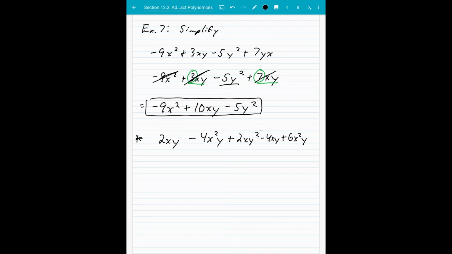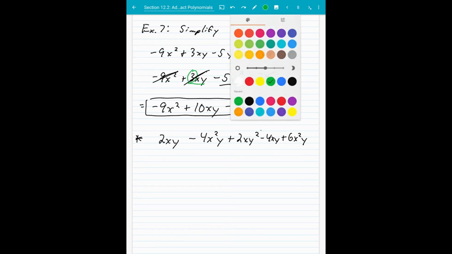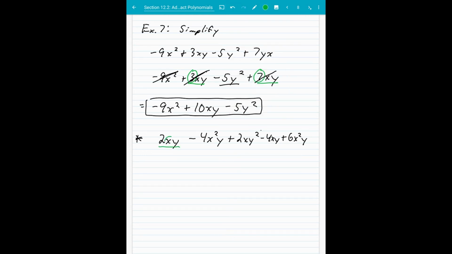I like to work left to right when simplifying things, and then I can organize them later. Let's see if we see any other xy's. All of them have some kind of xy component, but remember, they have to be exactly x to the 1 power, y to the 1 power. So they have to say just xy.